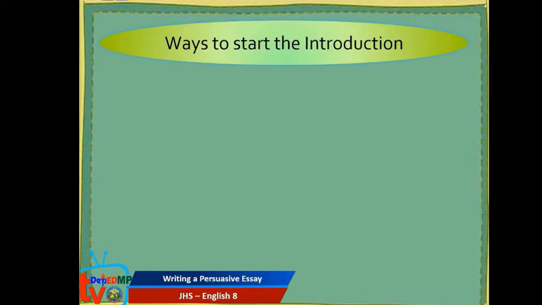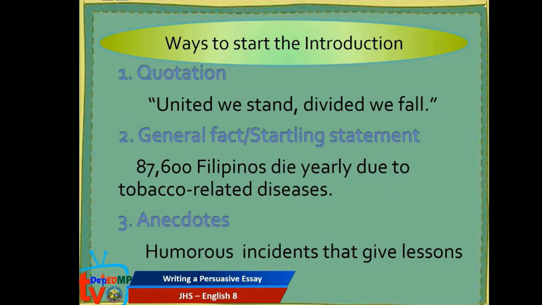To capture the interest of the readers, here are some ways to start your introduction. A quotation or saying related to your topic can stimulate your reader's interest. United we stand, divided we fall can be used for what topic?